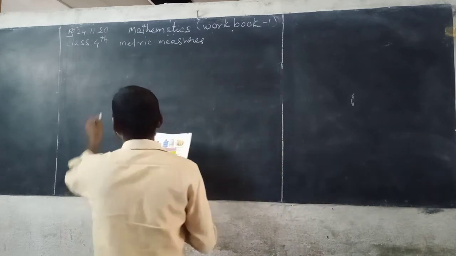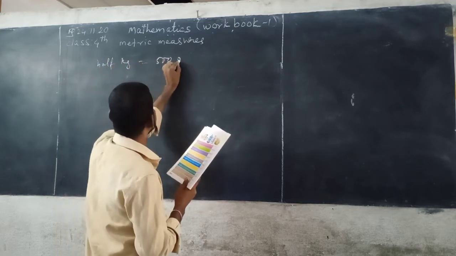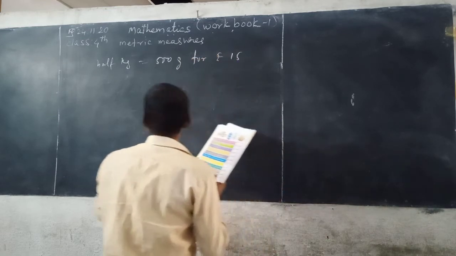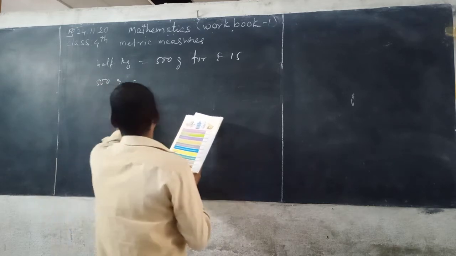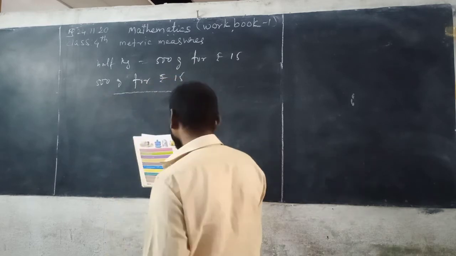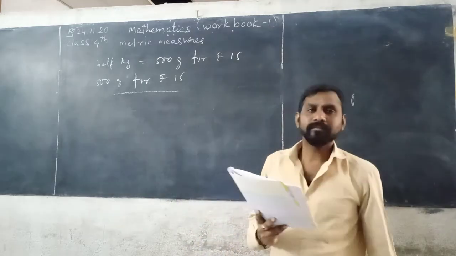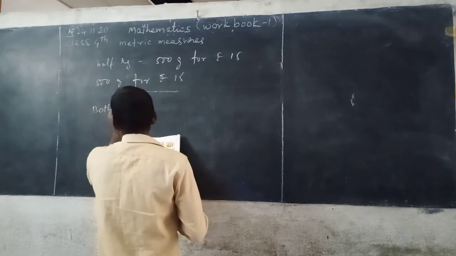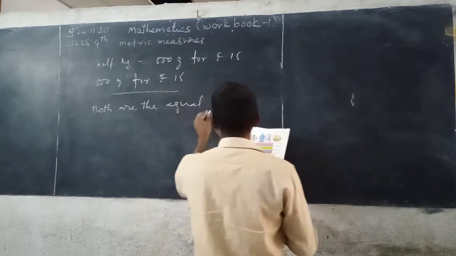Half kg means 500 grams for 15 rupees. Next, 500 grams for 15 rupees. See here, same. Now you can write here, both are equal deals. Both are the equal deal. Write down, everybody.